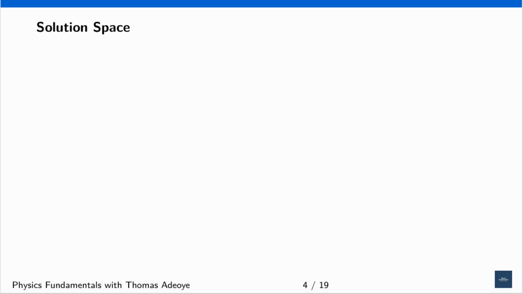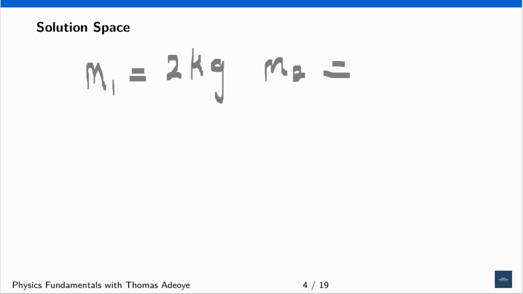For a scalar quantity, if you have mass m1 to be 2 kg, let's say, and m2 to be 3 kg, and these two masses are placed on a weighing scale, so far as the scale is accurate, you should get 5 kg.